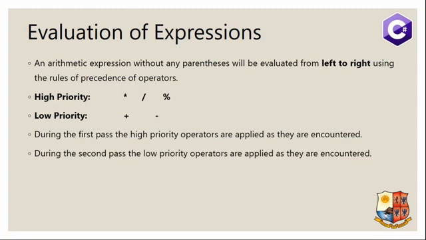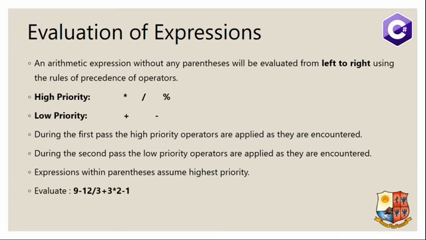One more thing is that anything within parentheses assumes highest priority. Now evaluation. I've just given an expression there. Can you check that and tell me what might be the answer? You can think of this from a human perspective: you will obviously start from the beginning and go to the end.